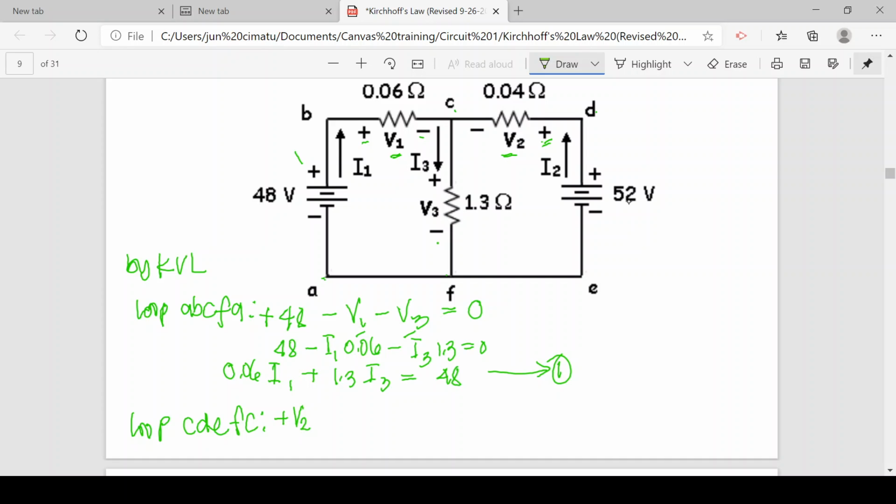And then at the 52-volt battery, we go through this battery from D to E. From D to E, we leave the negative terminal, so the 52 volt battery is negative. Then E to F, now voltage. F to C, we have a voltage B sub 3. And from F to C, we leave the positive terminal, and so therefore this is positive. And the loop is closed, so equated to 0.